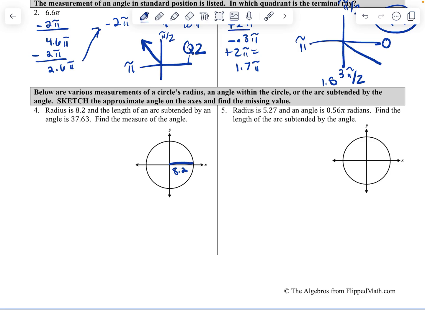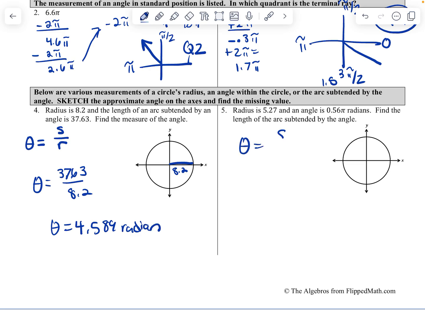Okay, so our angle measurement, and this is something we didn't talk a lot about, is our arc length over our radius. So this would just be 37.63 divided by 8.2. So that would tell us it's 4.589 radians.